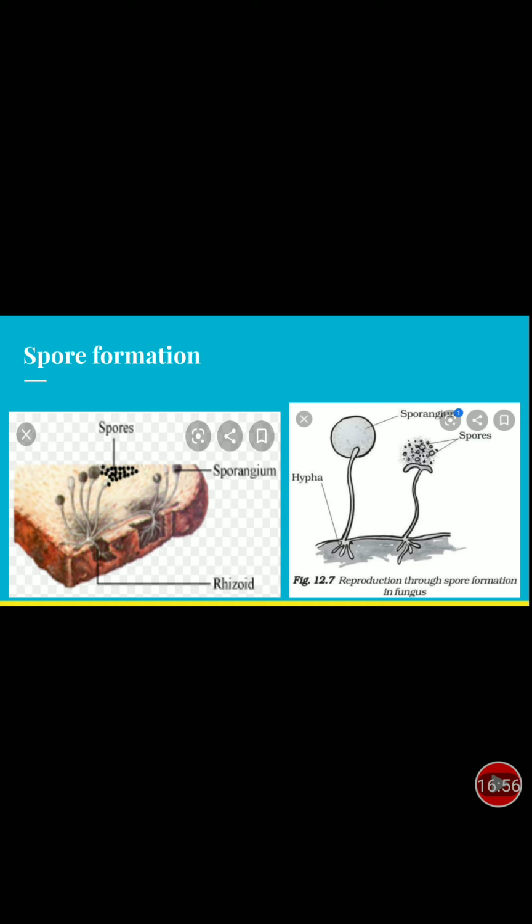They keep floating in the air. As they are very light, they can cover long distances. Spores are asexual reproduction bodies. Each spore is covered by a hard protective coat to withstand unfavorable conditions such as high temperature and low humidity. So, they can survive for a long time.